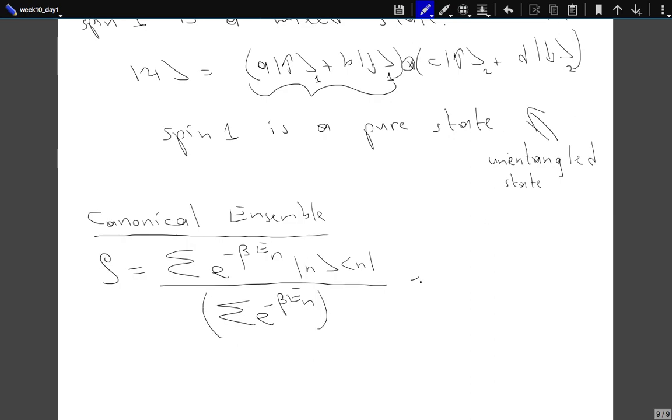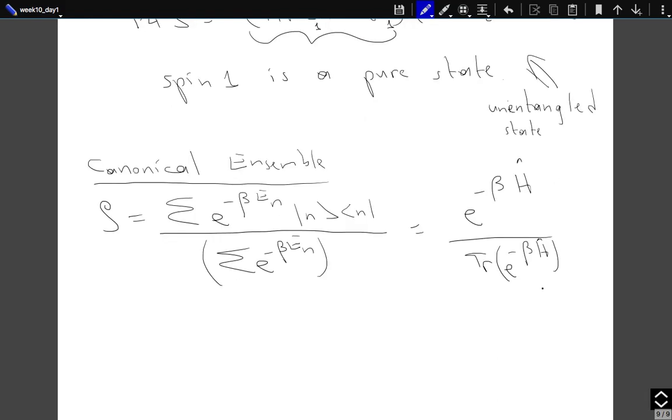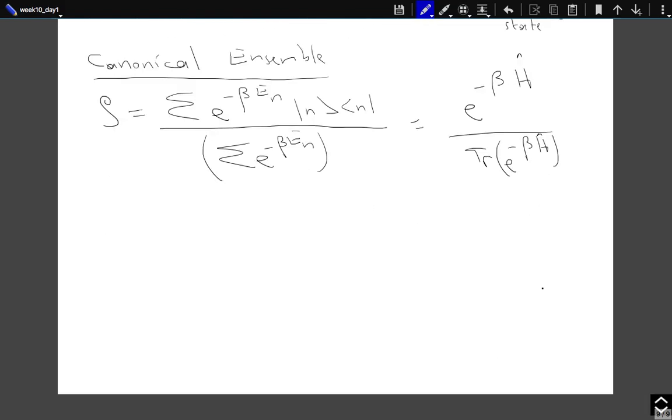We had said that this we can also write as e to the power minus beta H divided by the trace of e to the power minus beta H, H being the Hamiltonian operator of my system. Now let's look at what the density matrix is for a free particle. Or before the free particle, let's look at a spin in a magnetic field, which is easier.